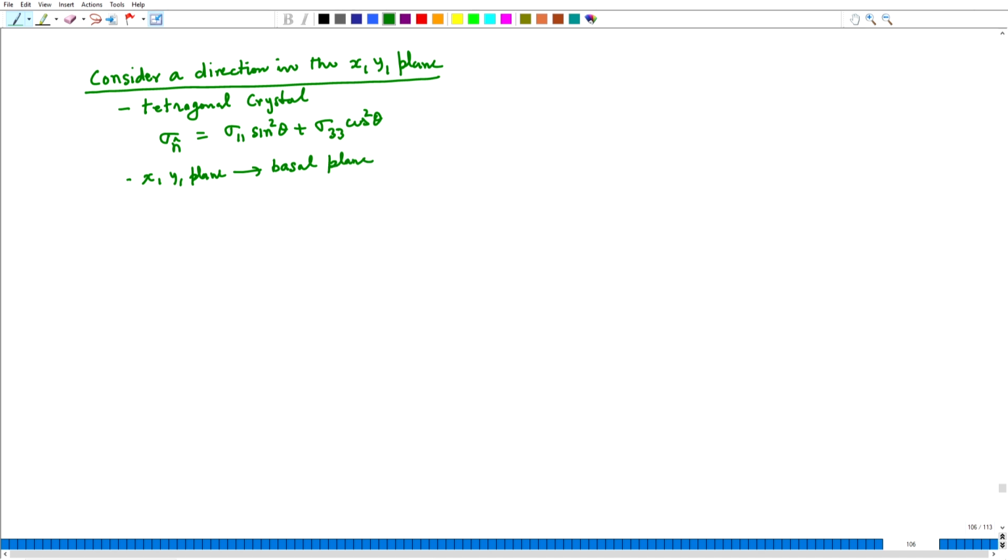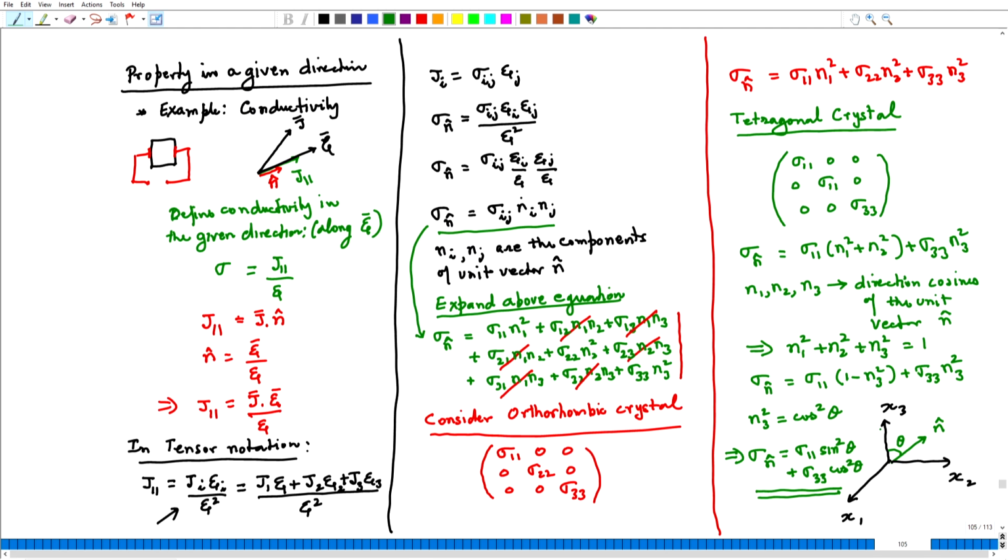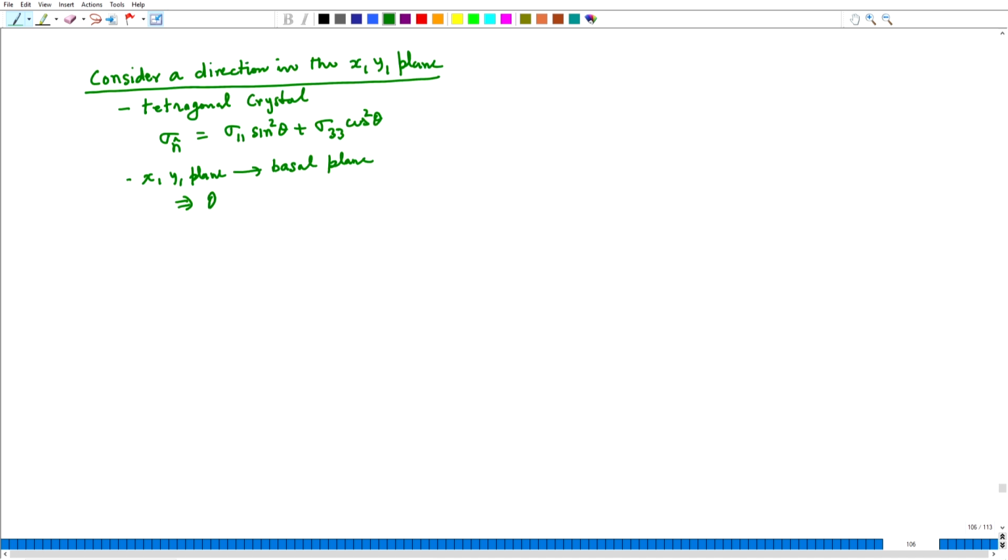If I want to know the conductivity in the basal plane, it means that the unit vector is perpendicular to the fourfold axis, because the x1 x2 plane is perpendicular to x3, and x3 is where the fourfold axis is. So, this implies that theta equals pi by 2. Therefore, the conductivity in a direction in the basal plane: sine square pi by 2 is 1, so this is sigma 1 1, and cos square theta is 0.